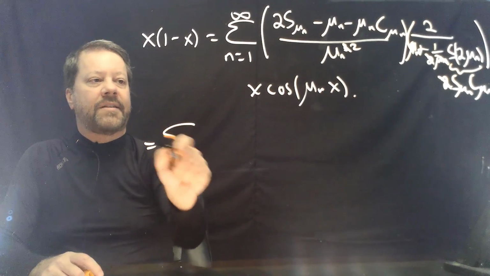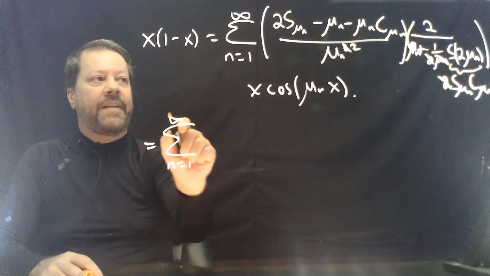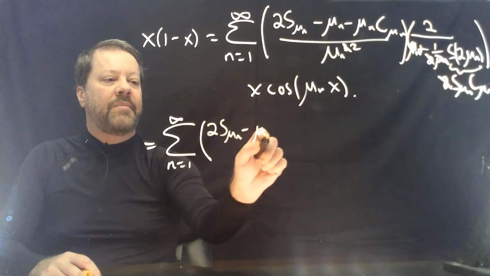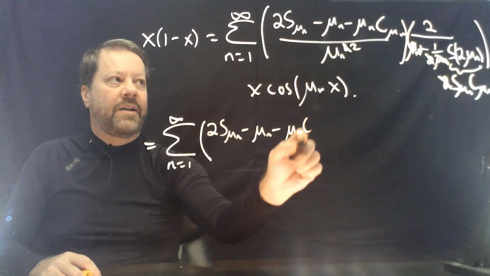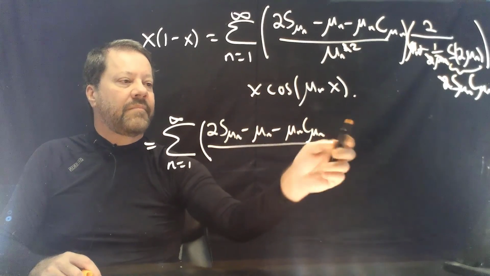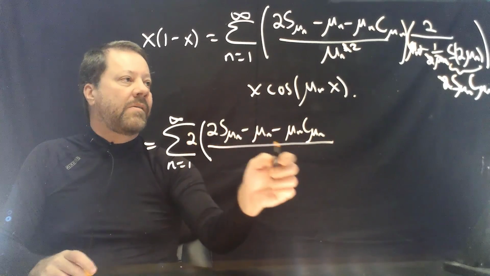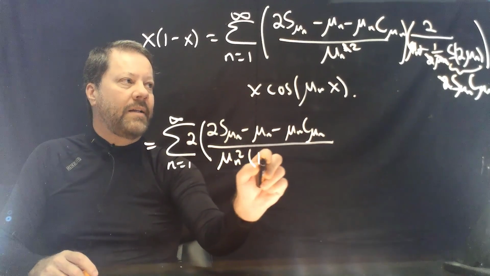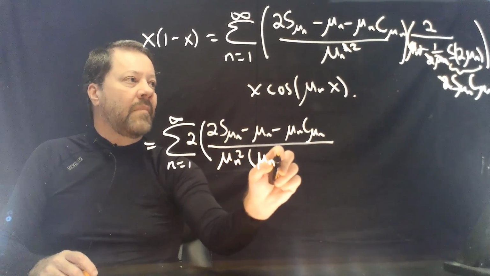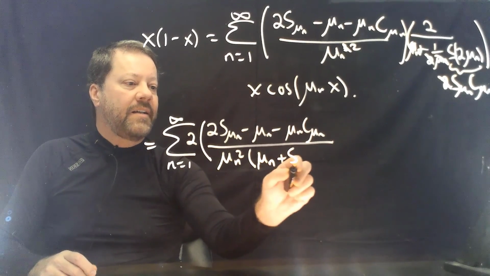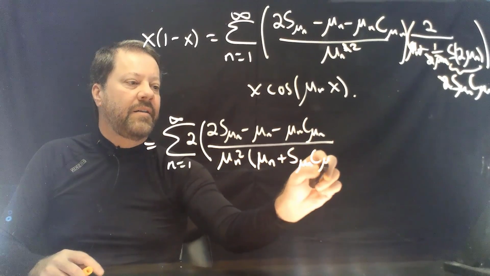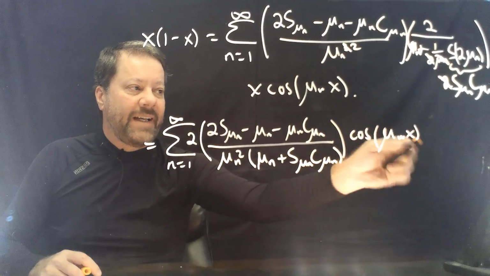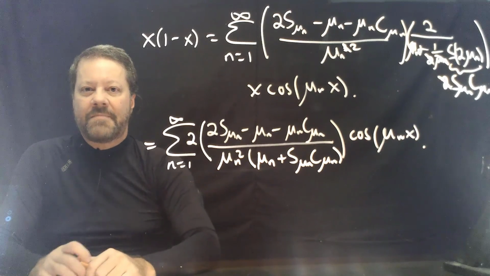That gives us the sum, as n goes from 1 to infinity, of 2 times sine mu n minus mu n cosine mu n, times 2 divided by mu n squared times 1 plus mu n, plus sine mu n cosine mu n, all times cosine of mu n x. So these are your coefficients.